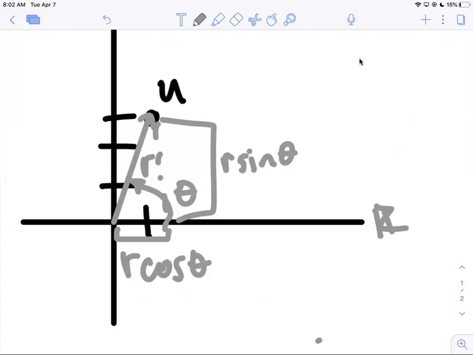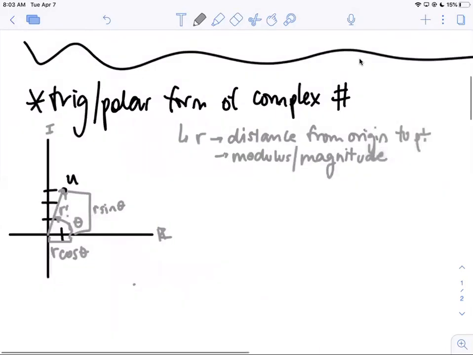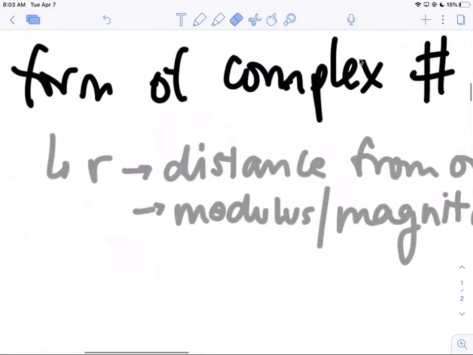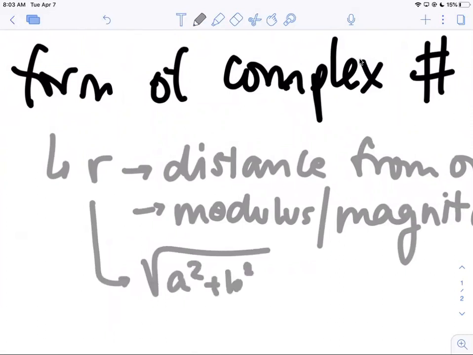And then if we substitute these expressions in, we get the trig, the polar form of the letter z. So things to remember: I already wrote r, and I'm going to write here as well that r is the same thing as the square root of a squared plus b squared.